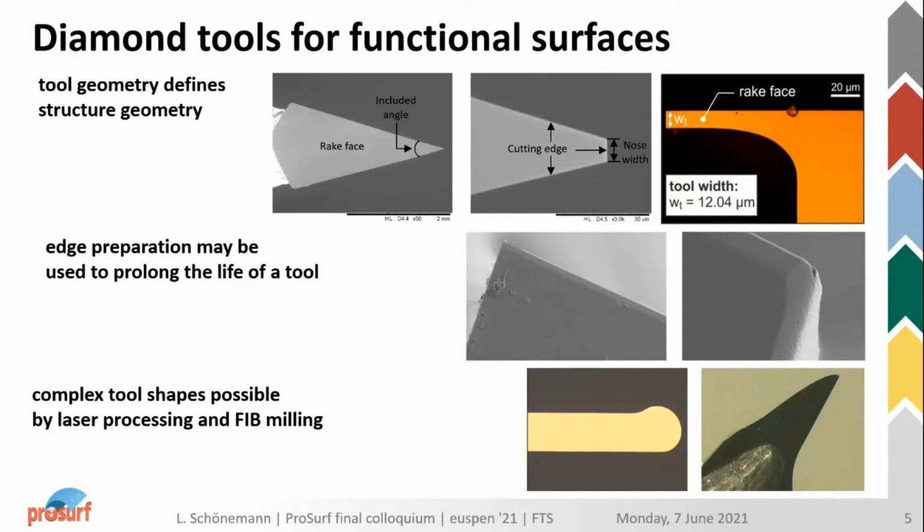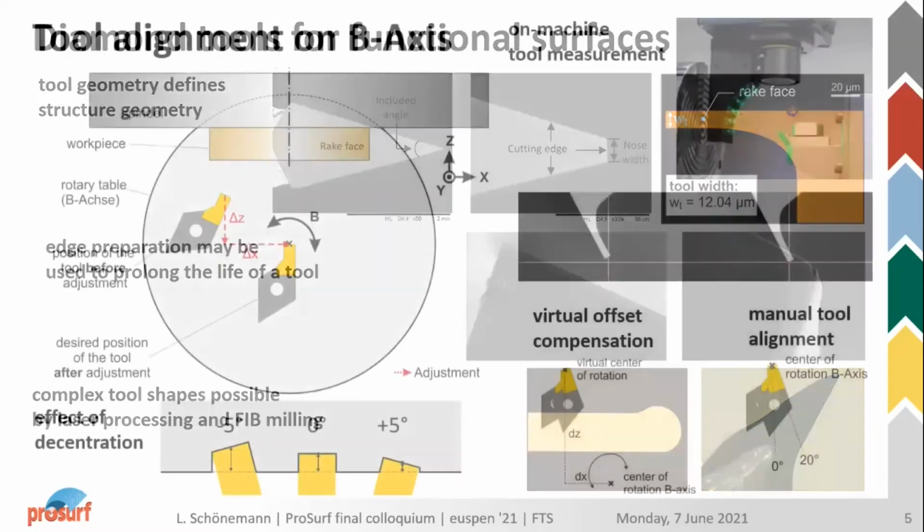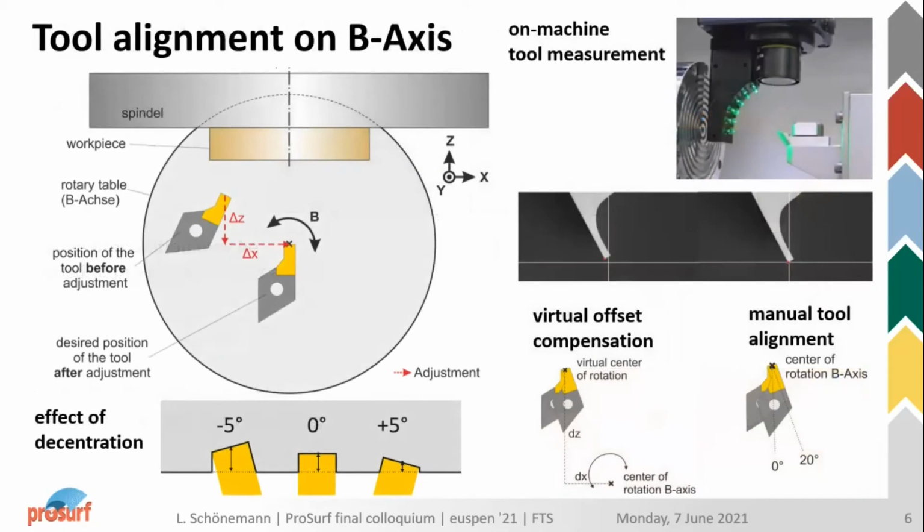As you might imagine, these very small tools need to be set up in a very controlled fashion on the machine tool, especially if we add the B-axis for angular alignment of the tool.